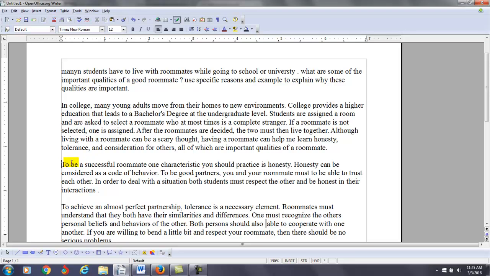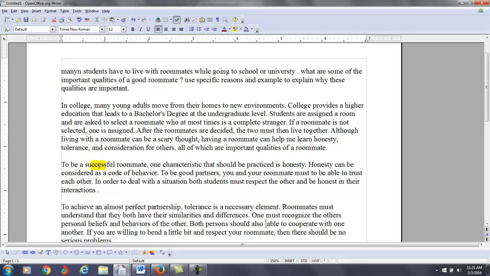So your next paragraph, to be a successful roommate, I'm going to say here that should, instead of using the word you, probably not the right point of view here. One characteristic that should be practiced is honesty.